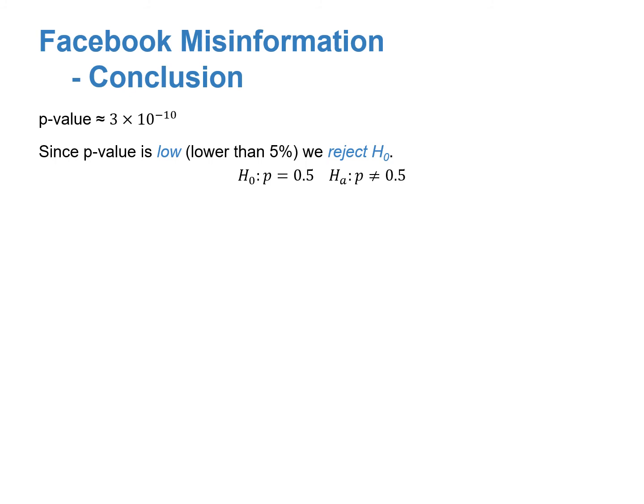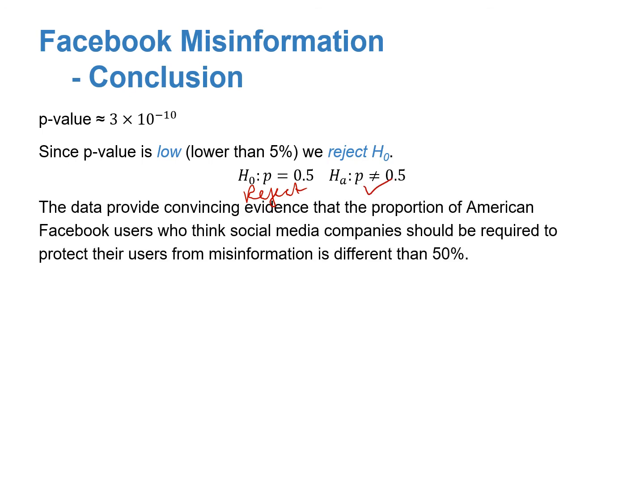We've rejected the null in favor of the alternative. So the data provide convincing evidence that the proportion of American Facebook users who think social media companies should be required to protect their users from misinformation is different from 50%.